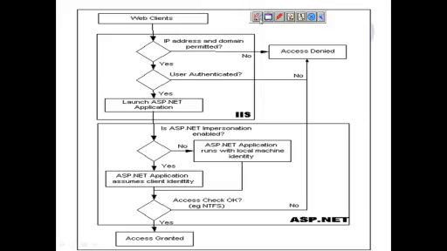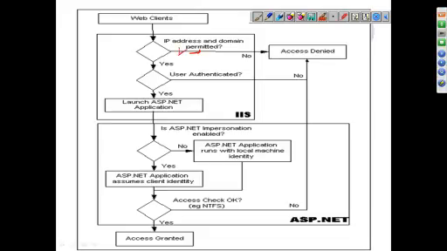Okay. Now this is what is actually happening in Windows authentication. When a client comes, we are checking the IP address and the domain. If the IP address and domain are permitted, then the client is able to go through. This is not the application security.